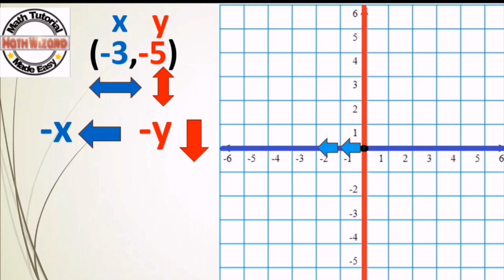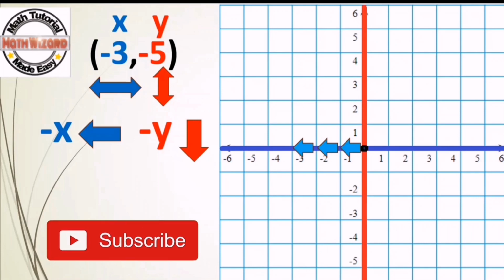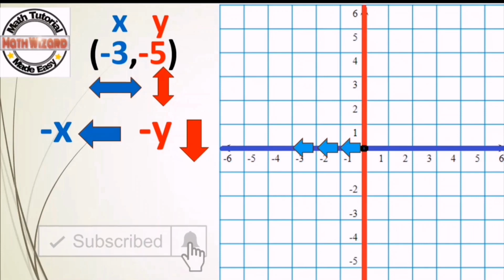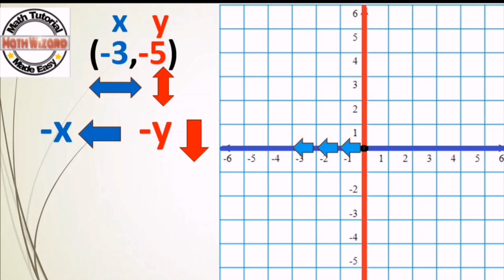1, 2, 3. And then, since y is equal to -5, let us check if it is going upward or downward. How are we going to identify? By looking at its sign. So since the sign is negative, therefore we go down. How many units? We count 5 units.